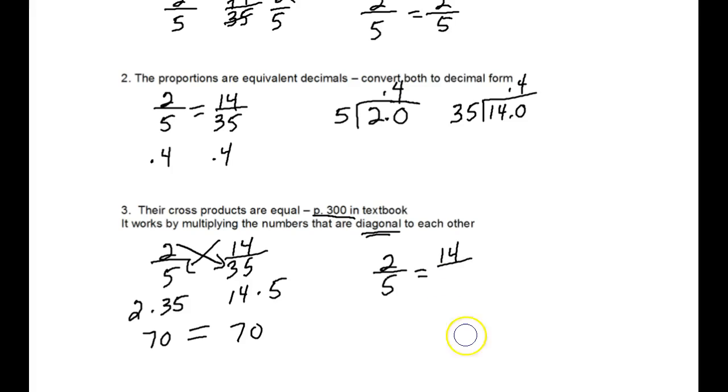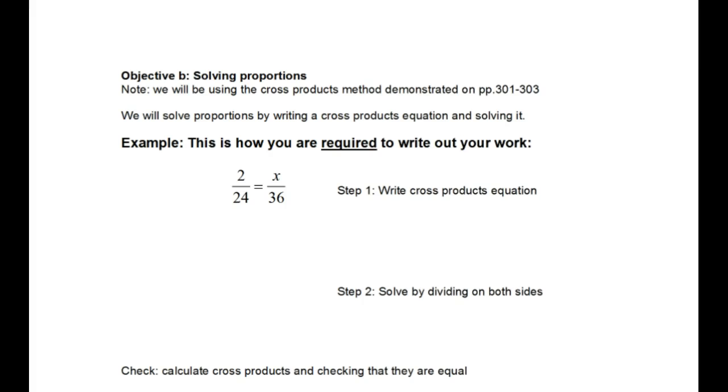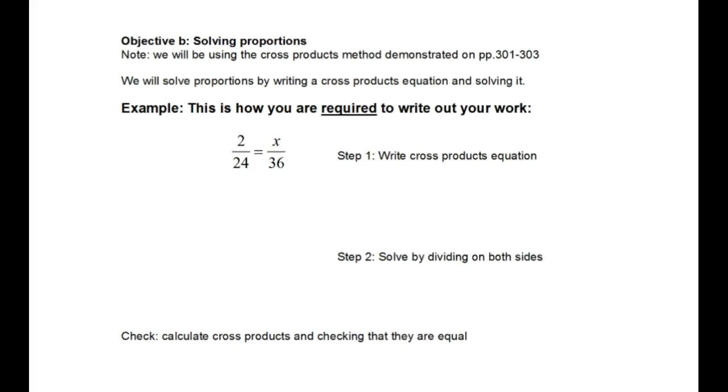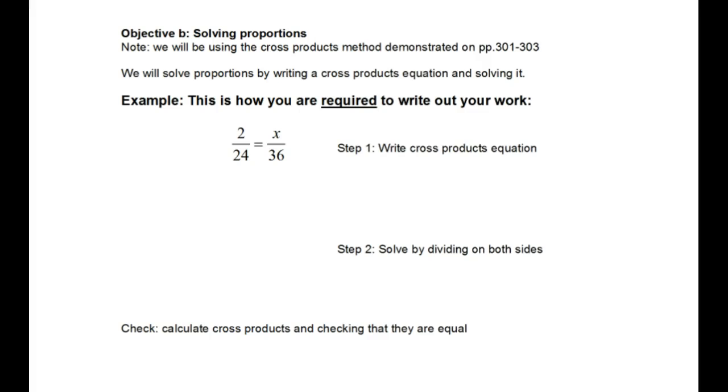So the cross products method is a way to tell whether two fractions are equivalent to each other. If the cross products are equal, as they were in this case, 70 equals 70, that means that they are proportional. That's the first objective that we want to cover. The second one is very important.